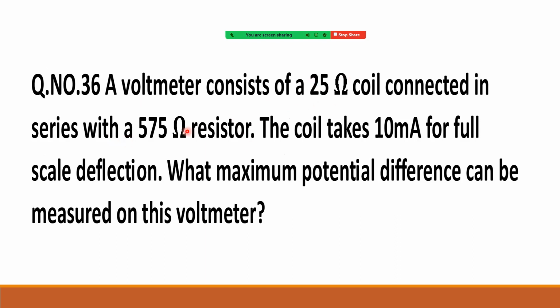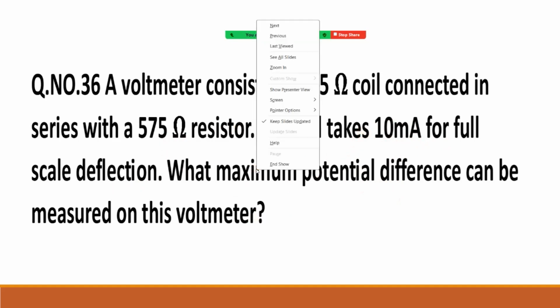That means total value how much? 600, right? Connected in series, total value 600. The coil takes 10 milliampere per full scale deflection, this is I suffix G. What maximum potential difference can be measured on this voltmeter?